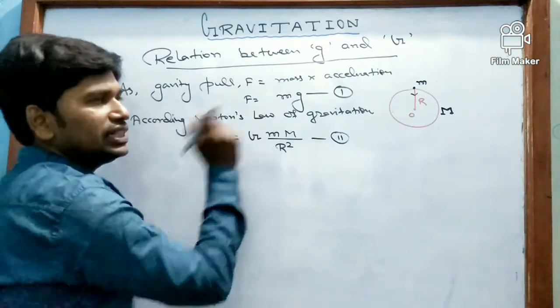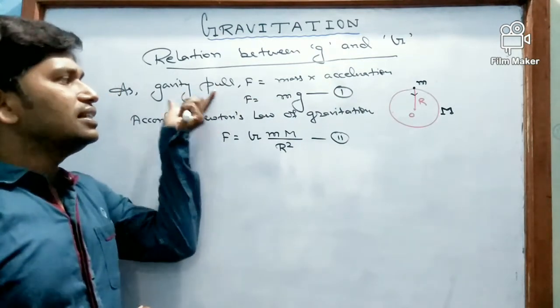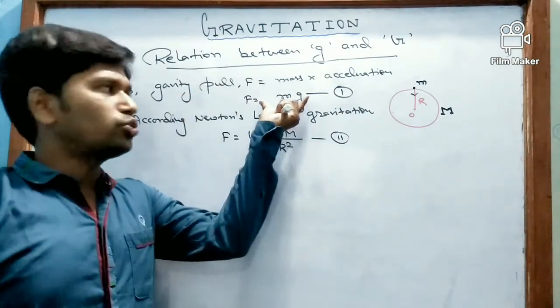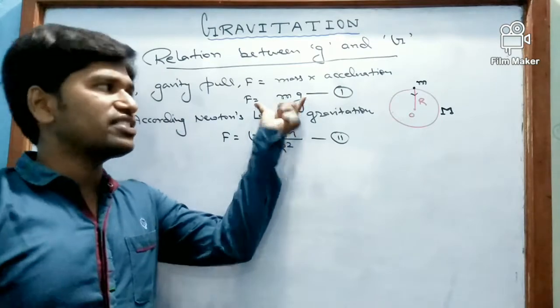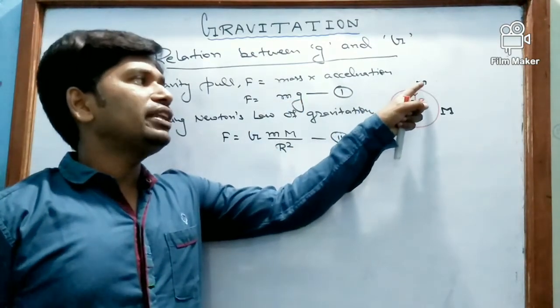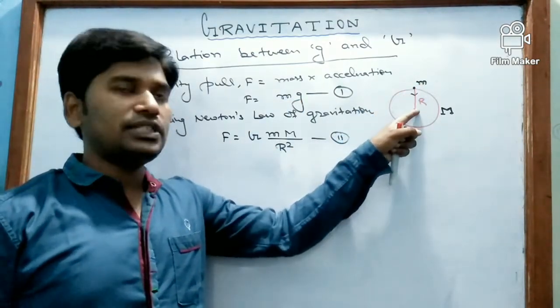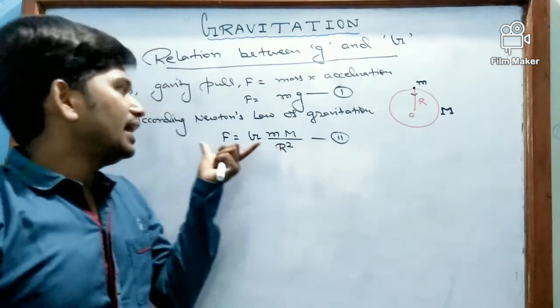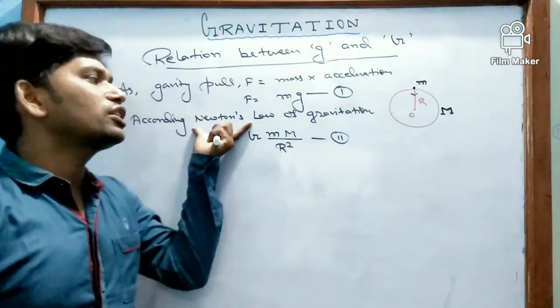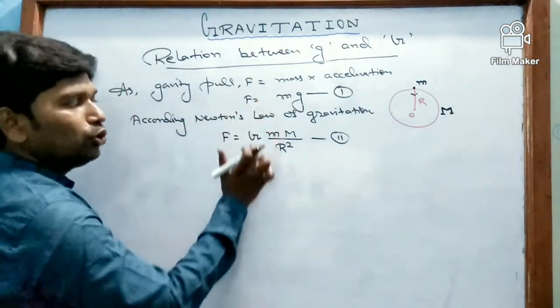So I said gravity is a special case of gravitation. So it is also the force of attraction between mass m and capital M, that is two bodies, and this we are getting from Newton's law of gravitation. So both are equal.